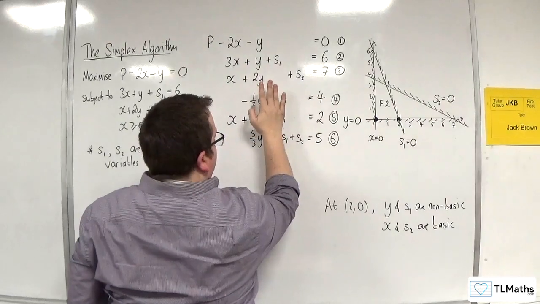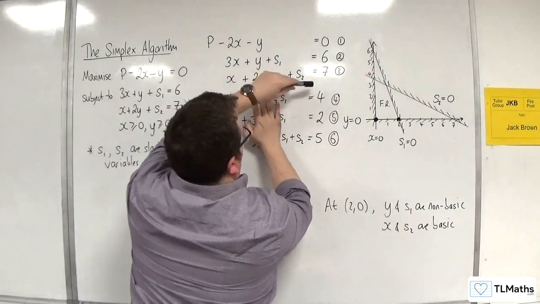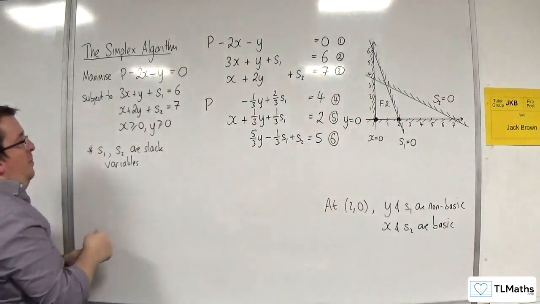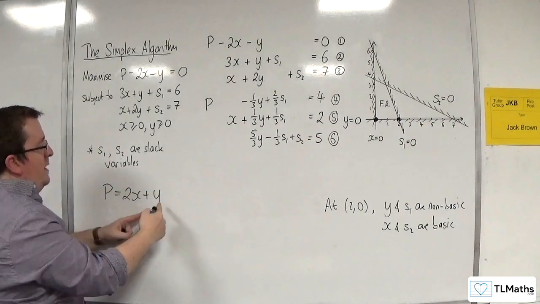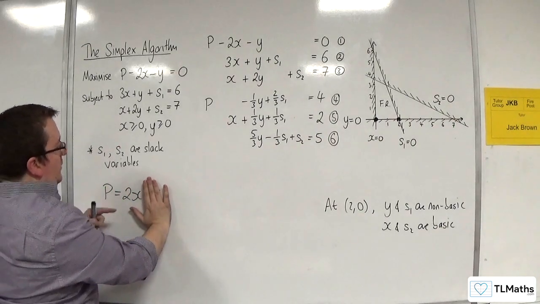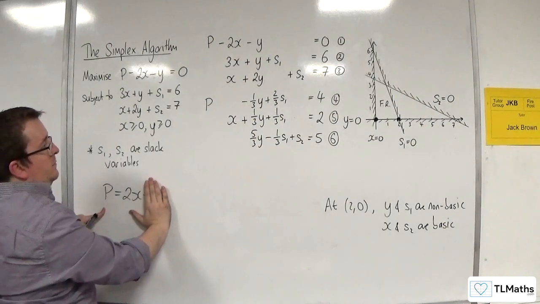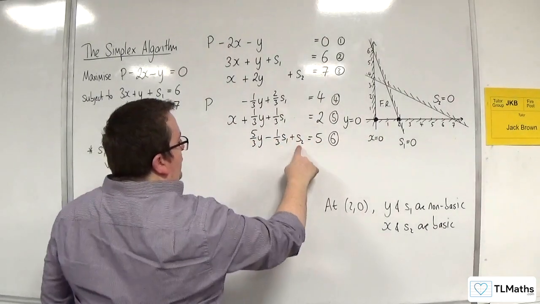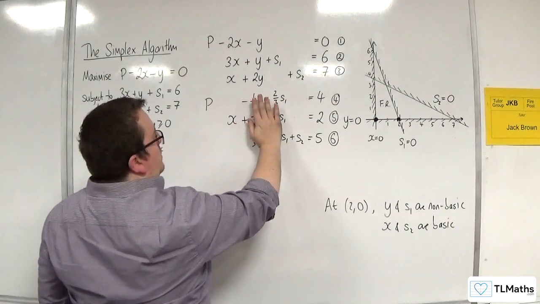Okay, that won't make much sense at this point, but we've got the p being equal to 4, because p was equal to 2x plus y, wasn't it? The y is 0, the x is 2, so 2 lots of 2, the p is 4. Okay, p is 4, x is 2, the S2 is 5, and the y and S1 are both 0.